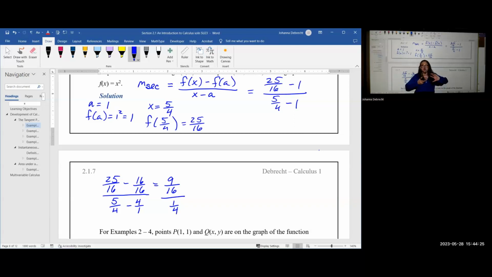Remember how you divide fractions? You multiply by the reciprocal of the denominator fraction, or as I like to say, the bottom of the bottom is the top. If you haven't heard this rule before, the top of the top is on top and the bottom of the bottom is on top, but the bottom of the top and the top of the bottom are on bottom. In other words, that rule simply becomes 9 times 4 divided by 16 times 1.